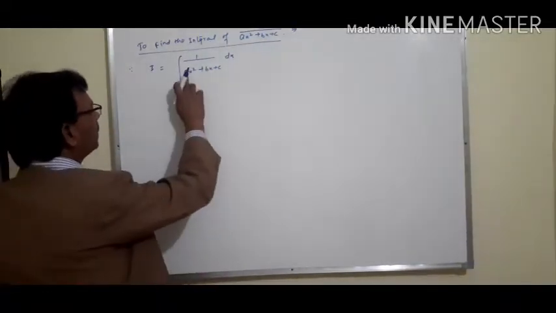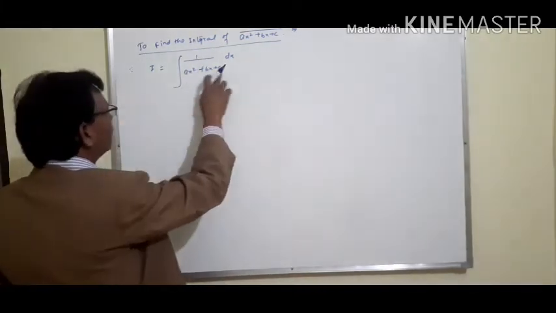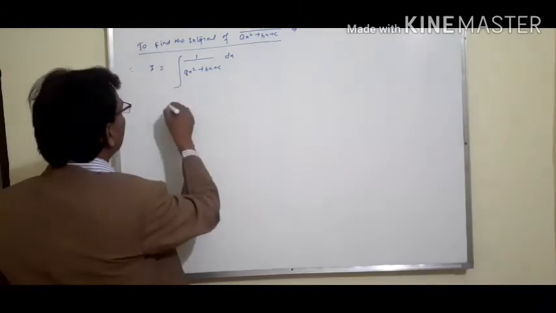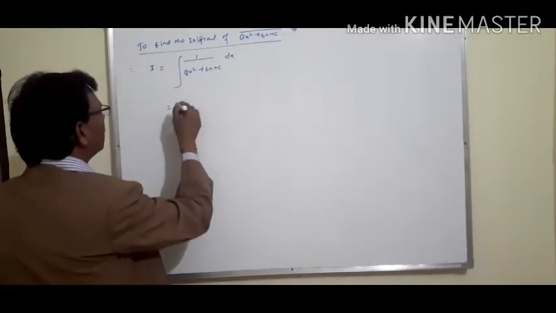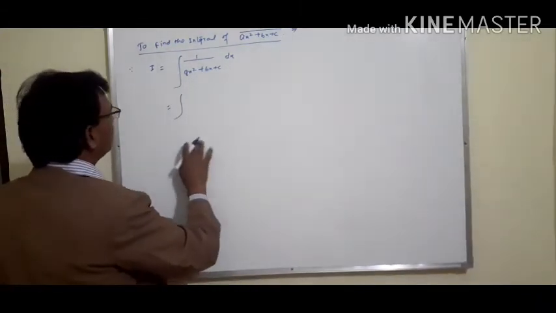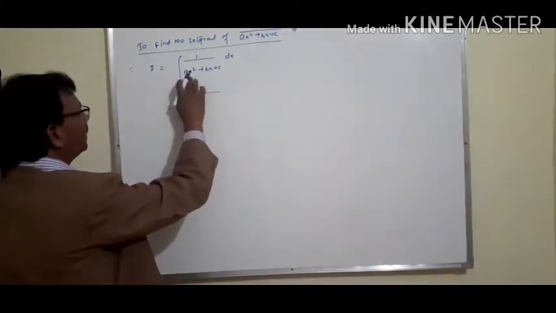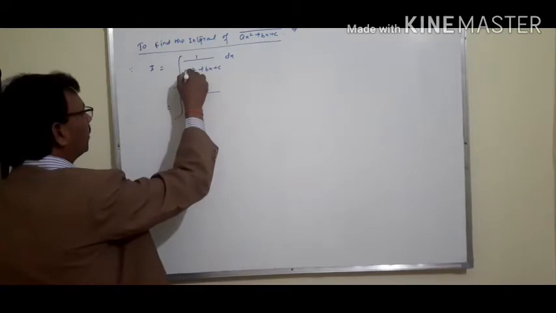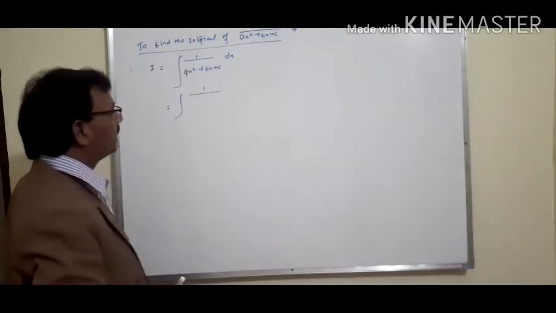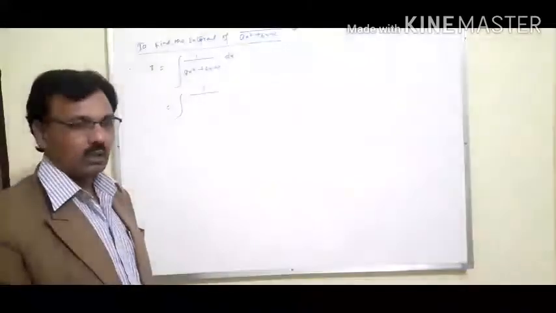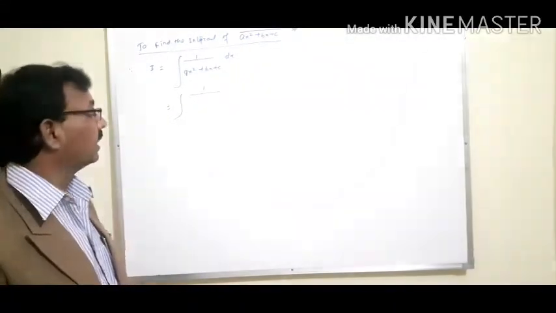For this, first we should change this denominator into a perfect square, that means completing the square. We can change it into a perfect square by the completing square method. Already we have studied this in the quadratic equation in class 10th.